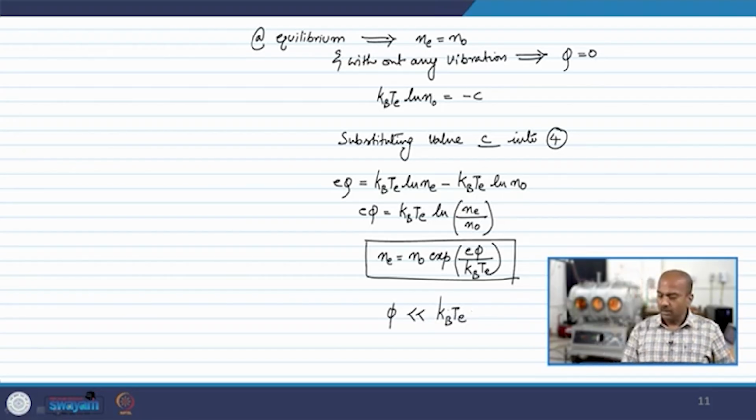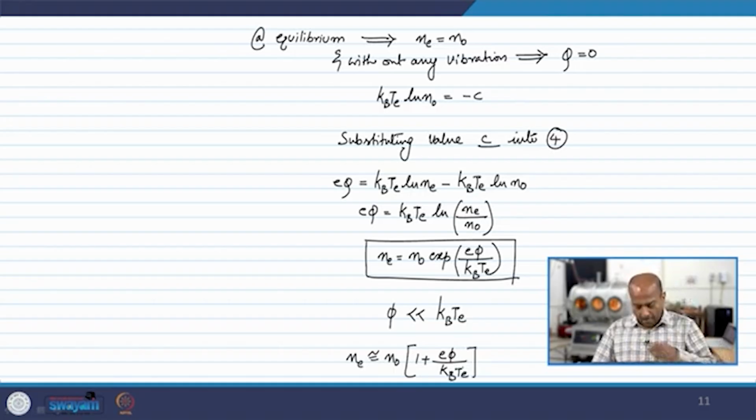In that case, the numerator eφ becomes very small in comparison to k_B T_e. So, we can expand the exponential so that only the first two terms matter to us. n_e is approximately equal to n_0 (1 + e φ / k_B T_e).